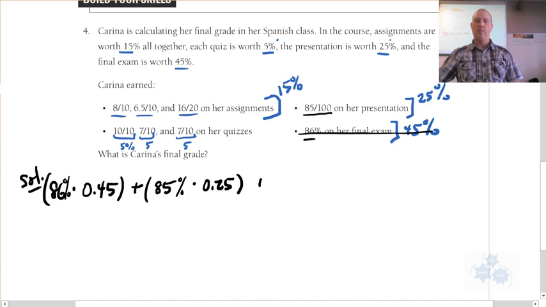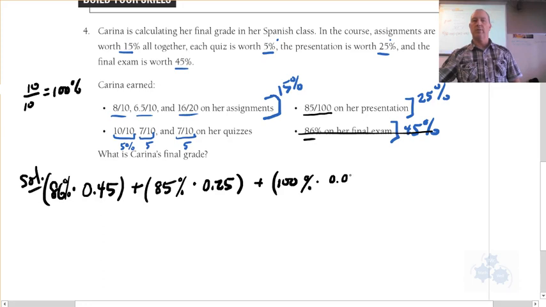Now, each quiz is worth 5%. So that's this quiz. She got 10 out of 10. What is 10 out of 10 as a percent? That's 100%. So she got 100% times, what's the decimal form of 5%? Is it 0.5? Thank you, 0.05.